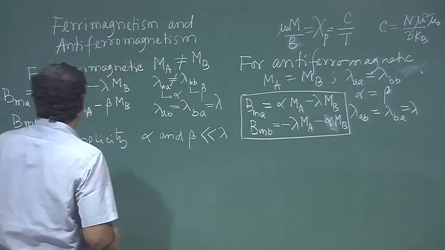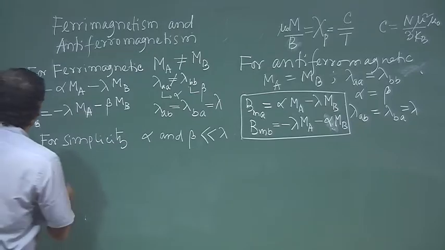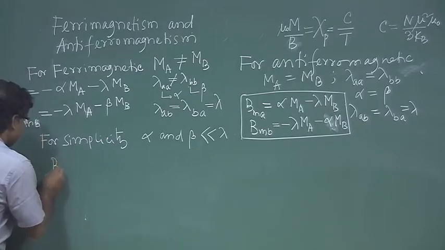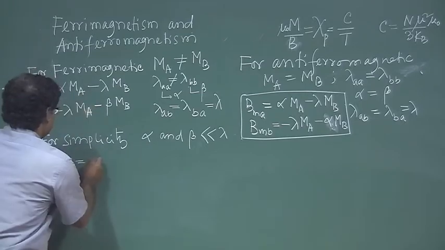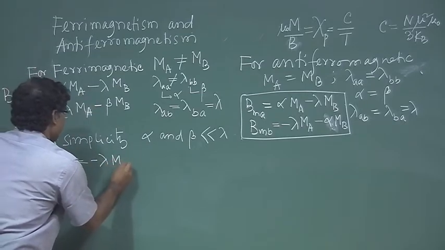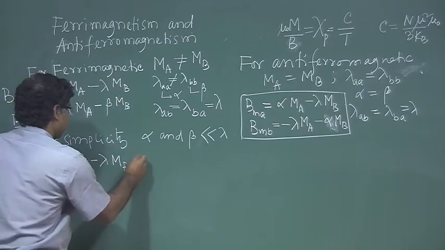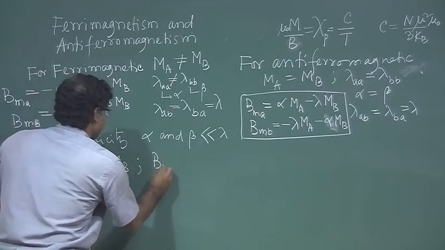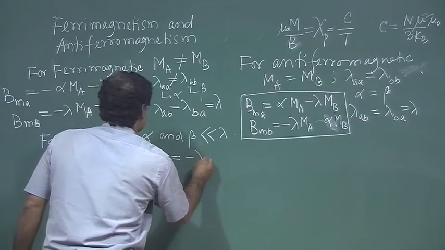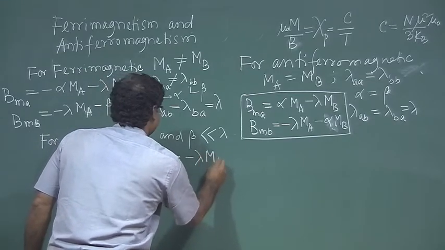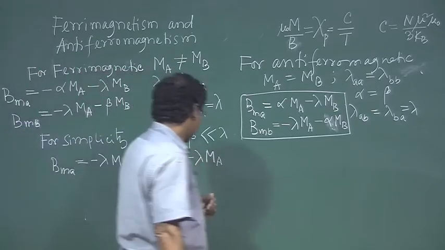So, if we consider this, what you will get is B_MA equal to minus lambda M_B, and B_MB equal to minus lambda M_A, okay.